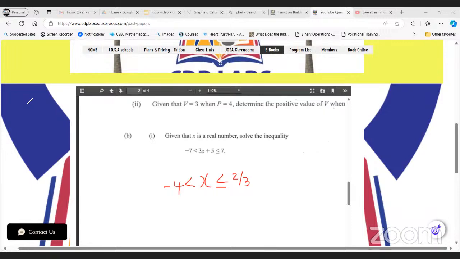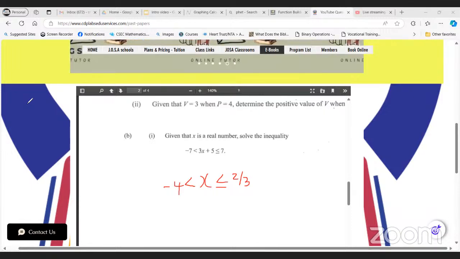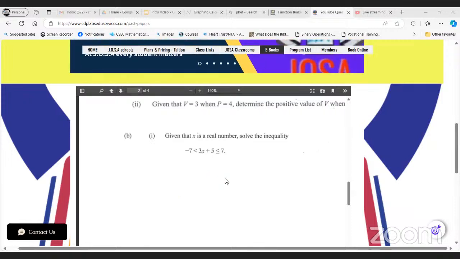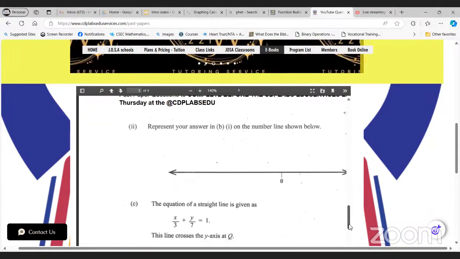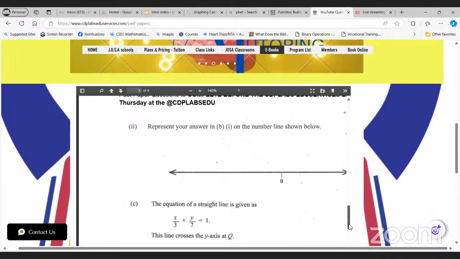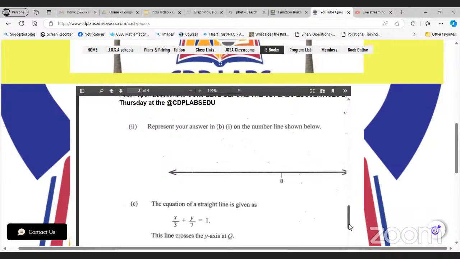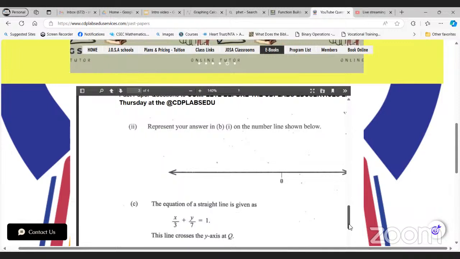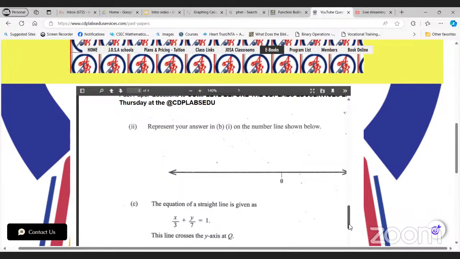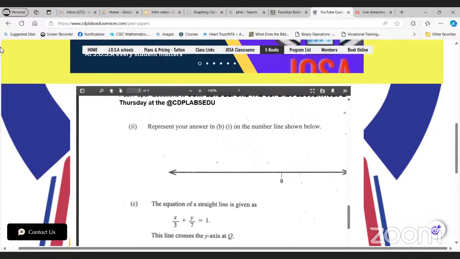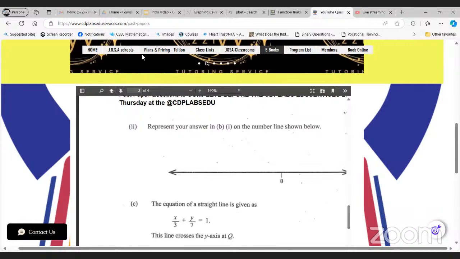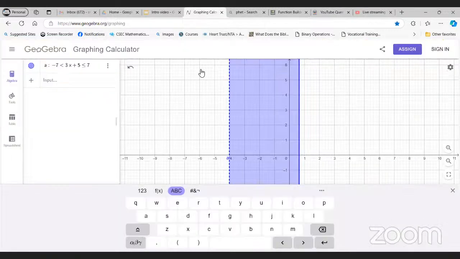All right, so we're going to now proceed further into our question. Now, this part of the question says that you should represent your answer on the number line shown below. How is that done? Of course, we know the answer based on the graph that we looked at. So let's look at the graph again. Here's a line basically.